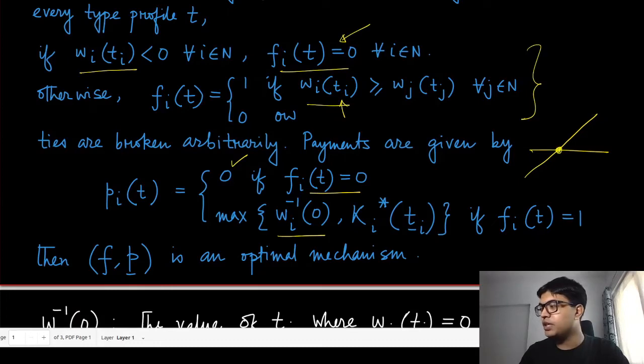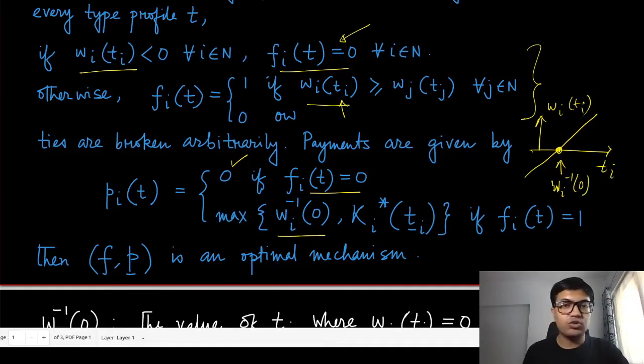So if on the y-axis we plot wi(ti), and on the x-axis we have ti, this is the point wi inverse of 0. So it has to cross that positive value, otherwise it will not be considered to become a winner.